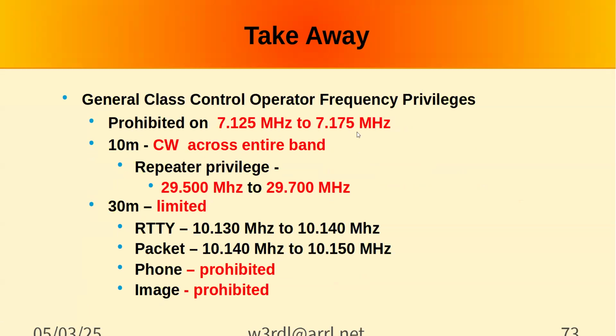General cannot be a control operator in that 7.125 to 7.175 band. You can do CW across the entire band. Not sure why they brought that up for 10 meters, because I think that's true for all bands on CW.